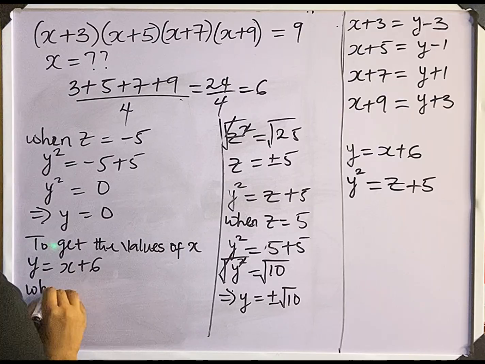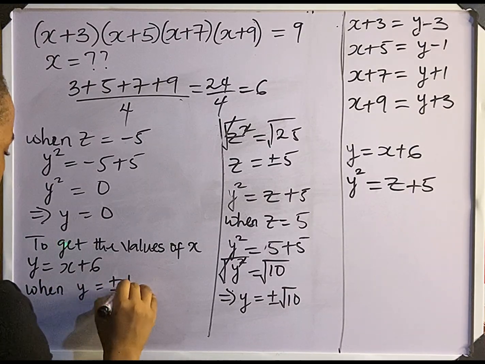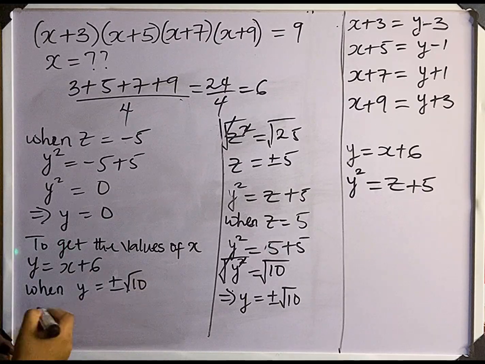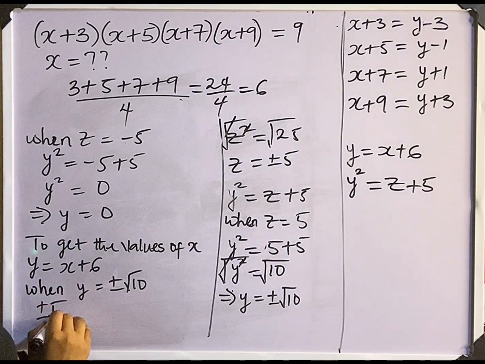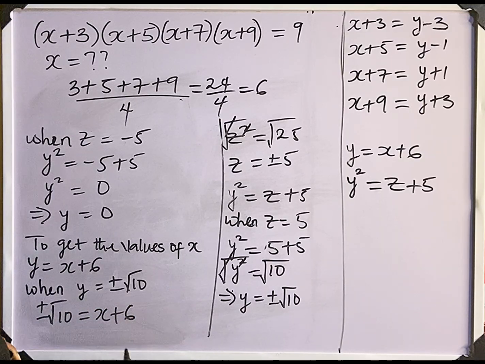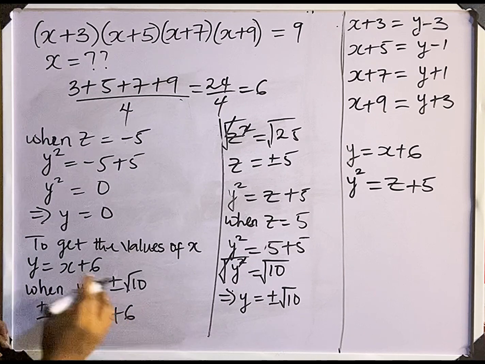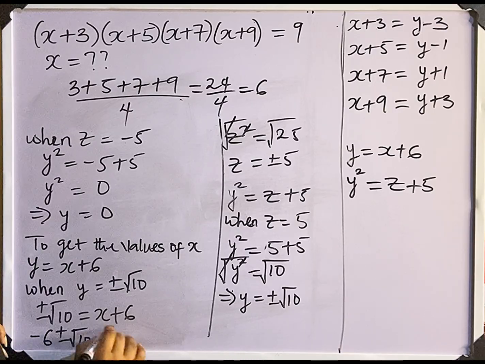So when y equals plus or minus root 10, what is our x? So this is plus or minus root 10 equal to x plus 6. So we collect like terms. So minus 6 comes over to this side. So we have minus 6 plus or minus root 10 equals x.